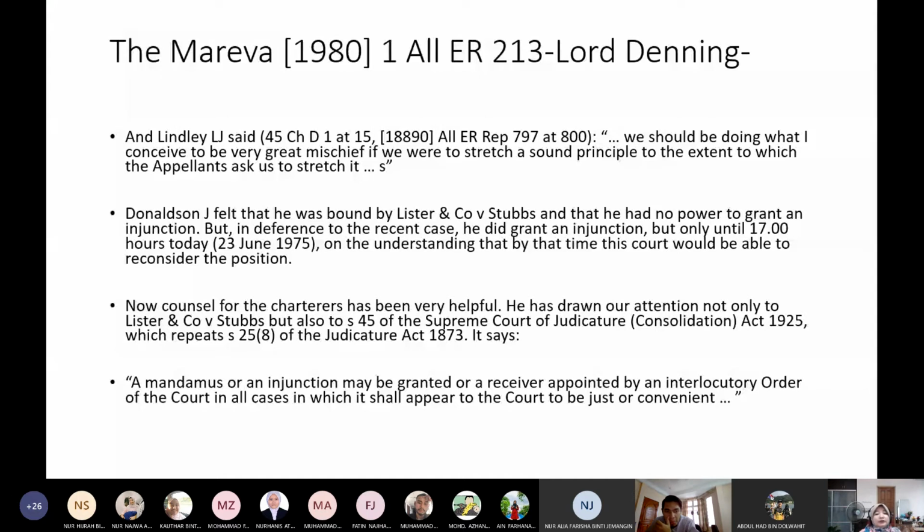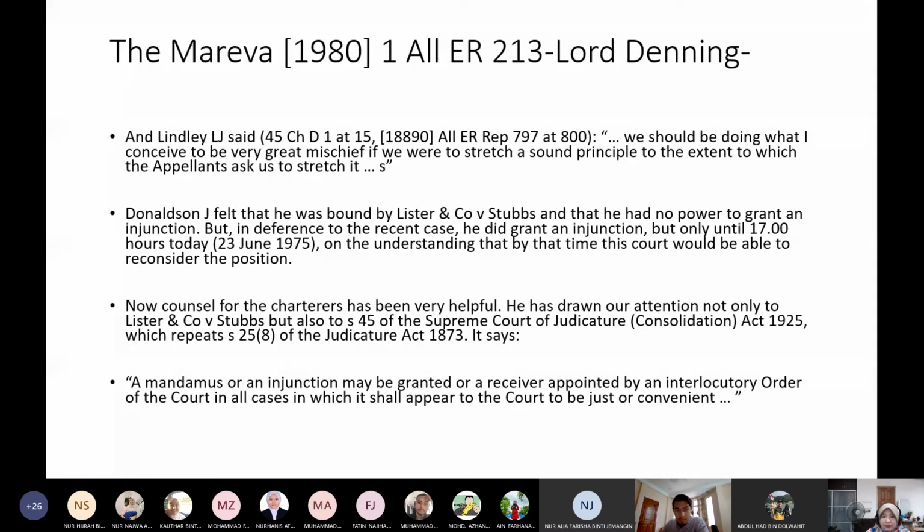Now the counsel for the charterers have been helpful. They have drawn our attention not only to Lister but also to the Supreme Court of Judicature Consolidation Act 1925, where it says a mandamus or an injunction may be granted or a receiver appointed by an interlocutory order of the court in cases in which it shall appear to the court to be just and convenient.